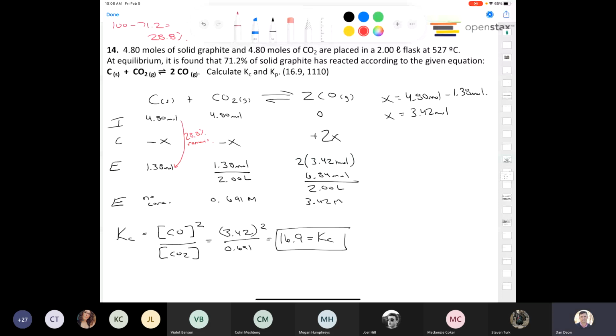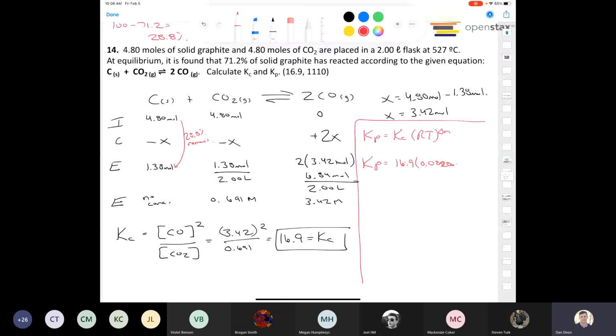And then for our Kp, maybe I'll solve it over here. We have the formula for Kp, which is Kp is equal to Kc times RT to the delta N. Can anybody tell me what delta N is in this case? Zero?